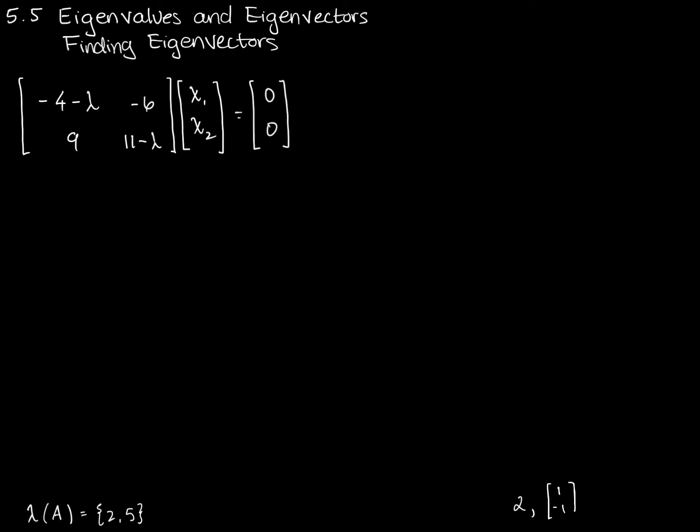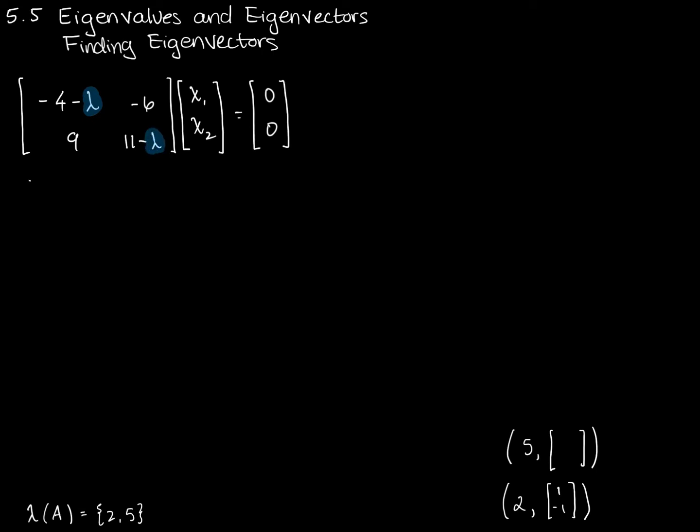So there's one eigenpair. And the other will be 5 and some eigenvector. And so what I'm going to do now is replace these lambdas with 5s instead of 2s.